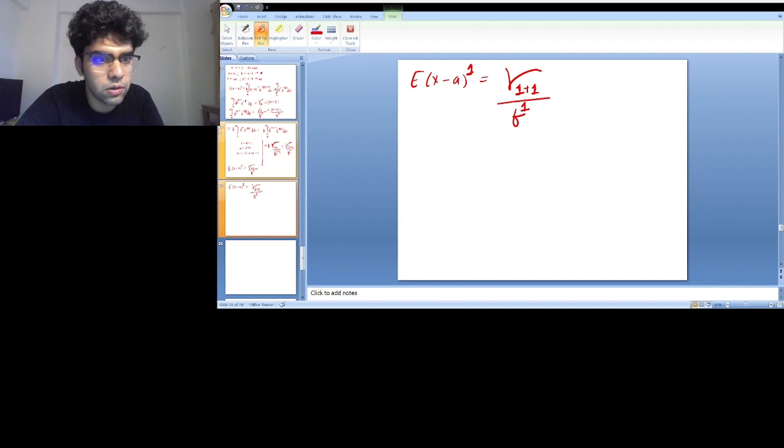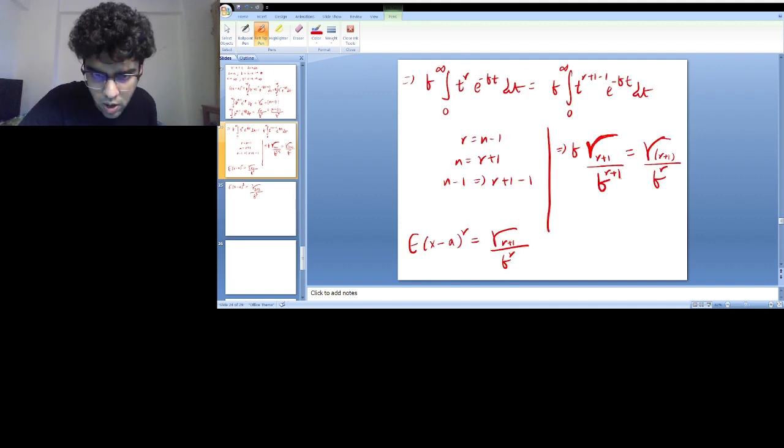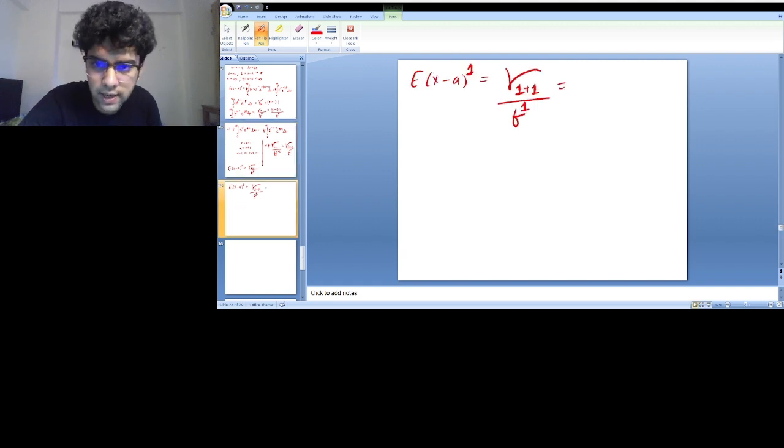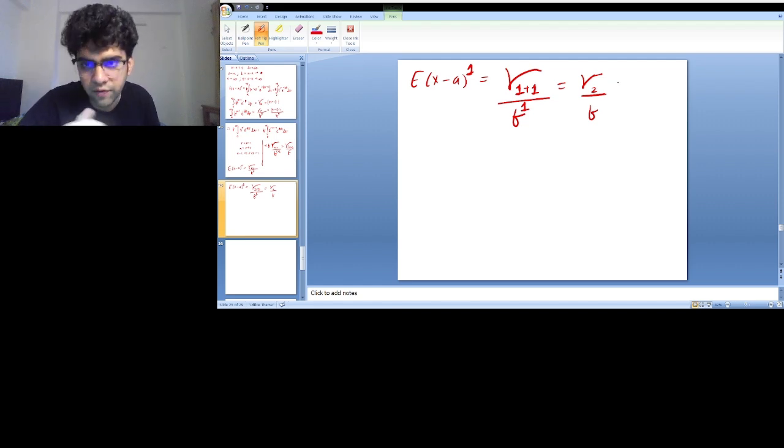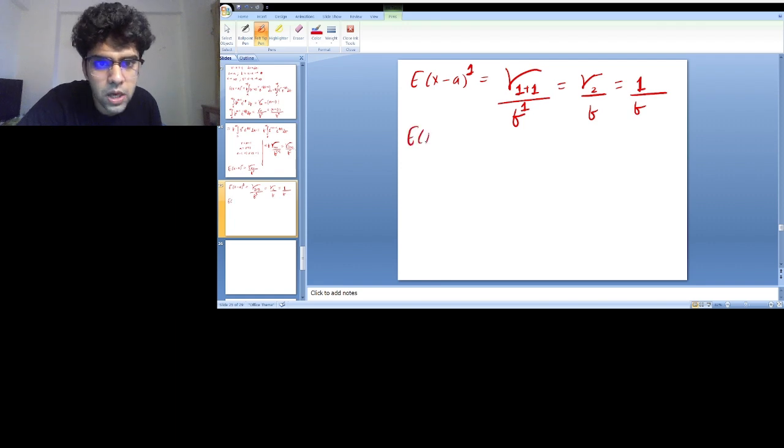This implies we have Gamma(2) upon b, and the value of Gamma(n) is equal to (n minus 1) factorial. Therefore the value of Gamma(2) is (2 minus 1) factorial, which is 1 factorial, and the value of 1 factorial is 1. So we have 1 in the numerator divided by b in the denominator. So E(X minus a) is equal to 1 upon b.